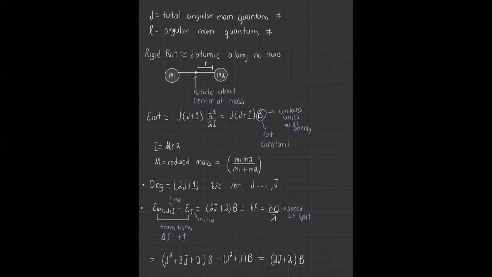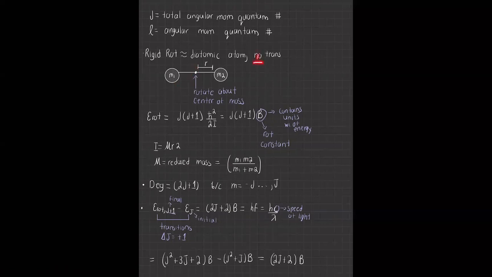Okay. So let's move on to the rigid rotor. A rigid rotor basically means that there are two masses, like a diatomic molecule, that rotates about the center of mass.